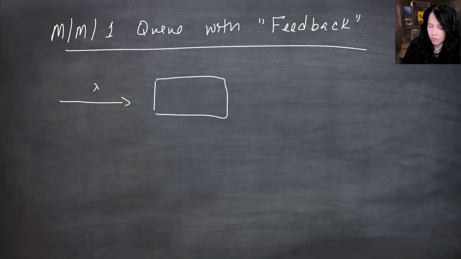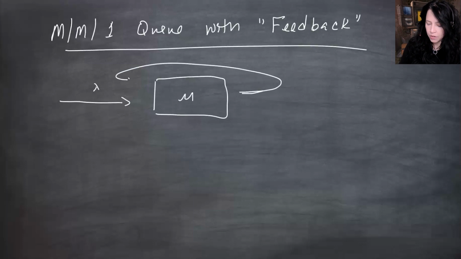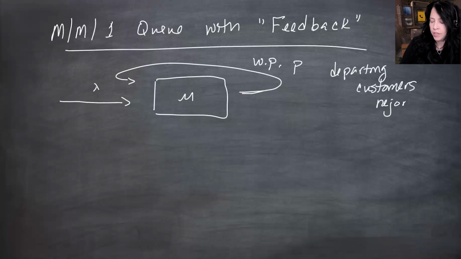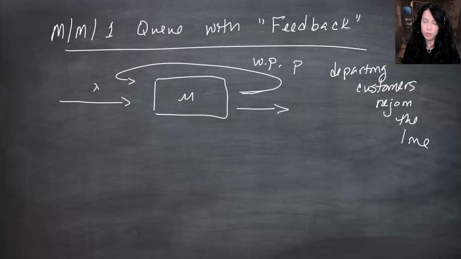We have a single server with exponential service times with rate mu. And then when people leave, with probability P, departing customers rejoin the line. And then with probability 1 minus P, they exit the system forever. So here's a little feedback loop.